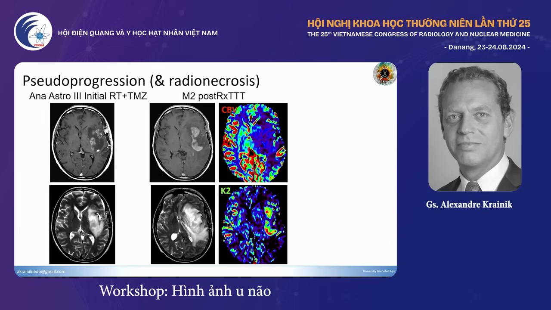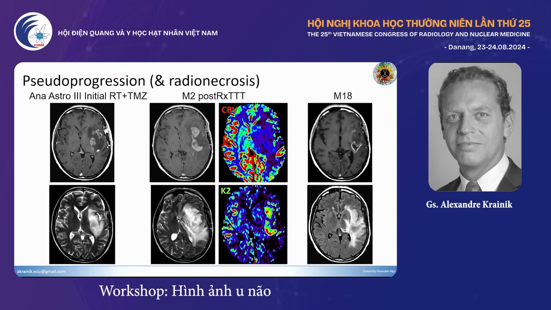Okay, then it really looks like a pseudoprogression and/or radionecrosis, and you see on the follow-up 18 months after, well, the contrast enhancement decreased, the edema decreased, and so on. Then it was a real pseudoprogression or radionecrosis.